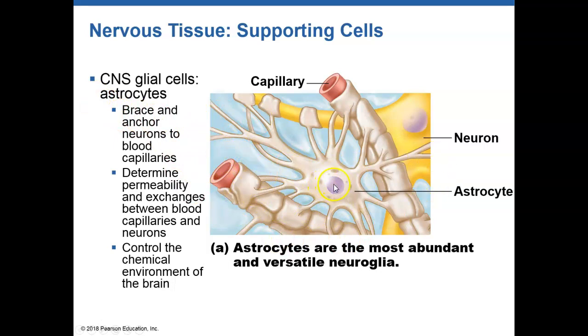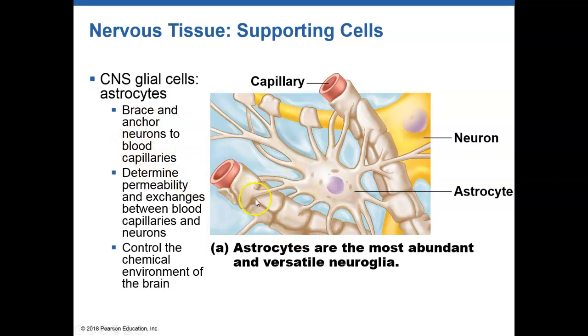An astrocyte is a star-shaped cell, and it wraps around neurons, providing a barrier between the external environment and the neuron. It also surrounds capillaries of the brain and provides an extra barrier there.